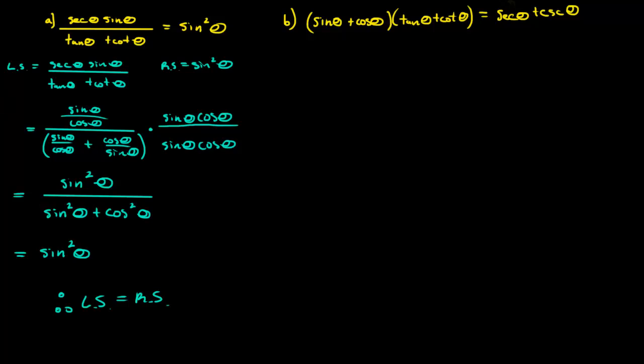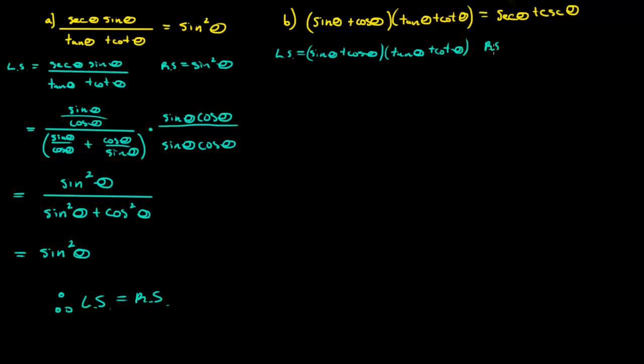In B, we are asked to show that sine theta plus cos theta times tan theta plus cotan theta is equal to secant theta plus cosecant theta. The first thing I'm going to do is break this up into the left side and the right side. The left side is sine theta plus cos theta times tan theta plus cotan theta.